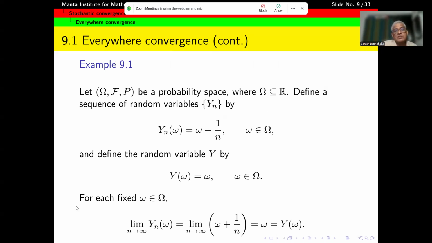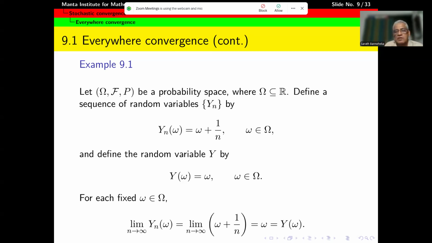But before that, I will just give you one example where the convergence everywhere will happen. But this is just a created example, not a very practically useful example, but just to show you there are situations where this kind of thing can happen. So let us consider some sample space, a corresponding probability measure, and sigma algebra F with the probability space.